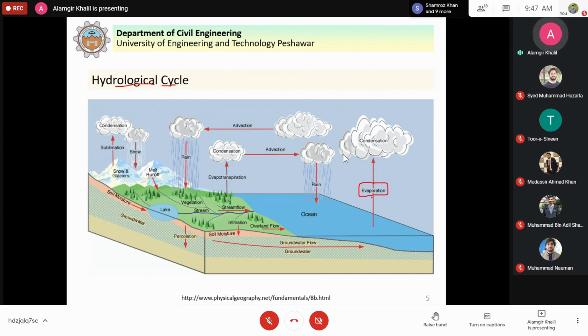And the reason for evaporation is the sun. Because of the sun, evaporation takes place from the ocean, and when the water moves up in the atmosphere, cloud formation takes place, and then these clouds condense, they move inland, and that can result into the rain.